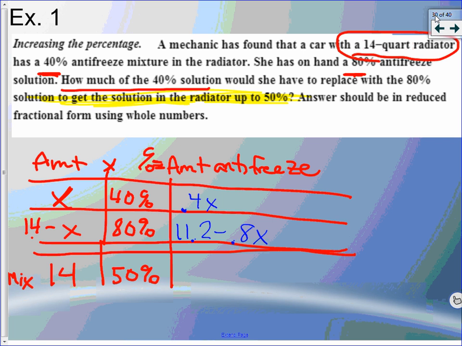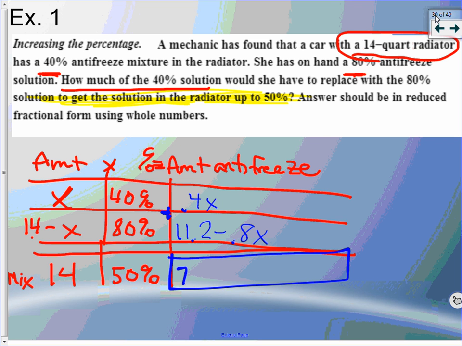Okay, questions so far? Now, your equation is going to come from this box right here. Because this box you can get two different ways. You can get it from adding down, or you can get it from multiplying across. So multiplying across, 14 times 0.5 is 7.